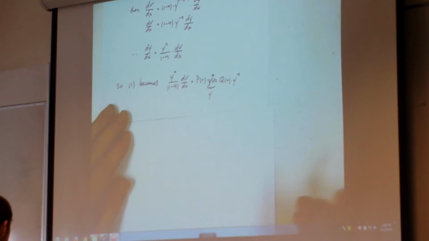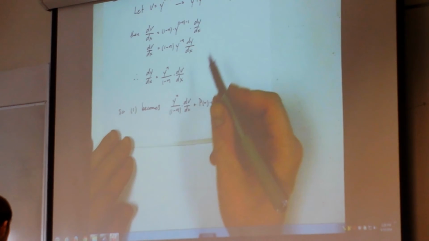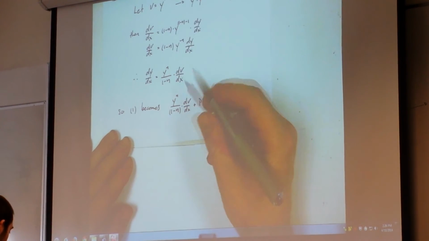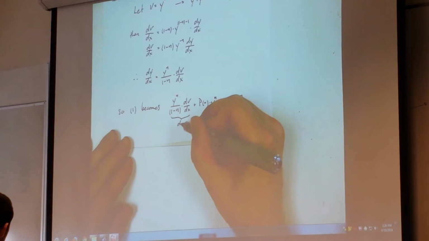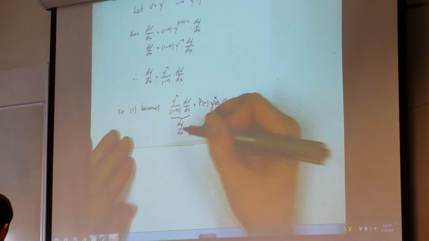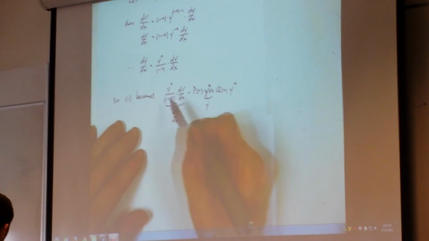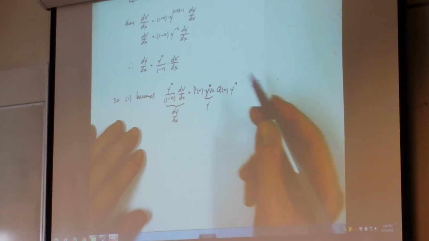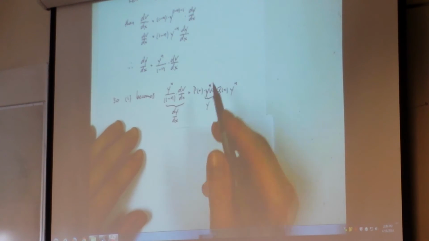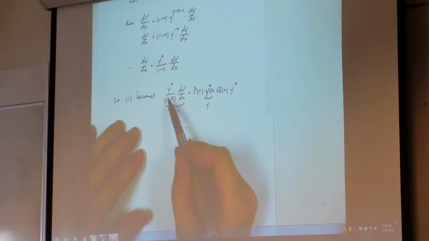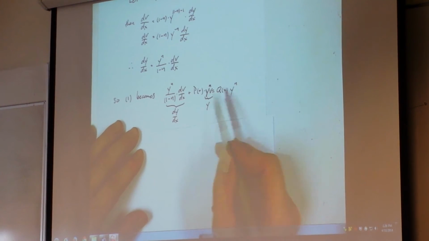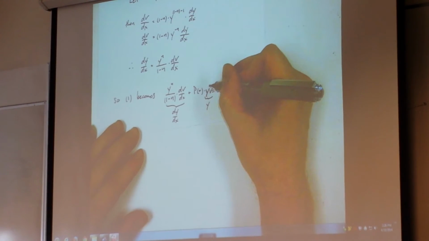Now the dy dx from this part, that is right here. We've replaced that. Now if I solve this for dv dx, or isolate it, I'm going to multiply all sides by 1 minus n. And at the same time, multiply by y to the negative n. Yes, that's how it happens.